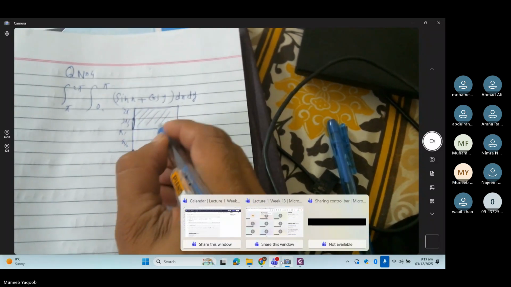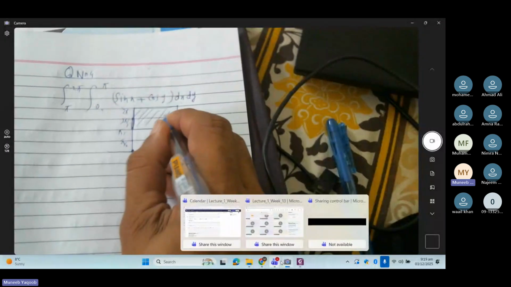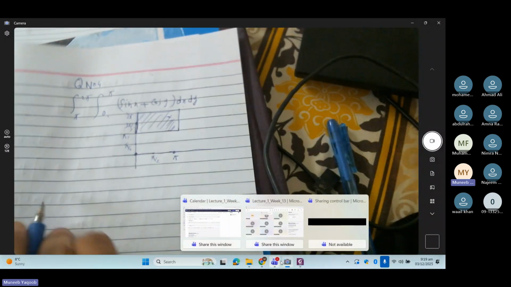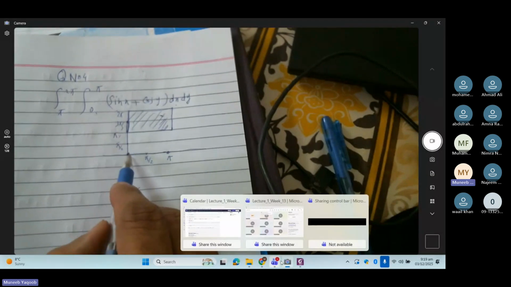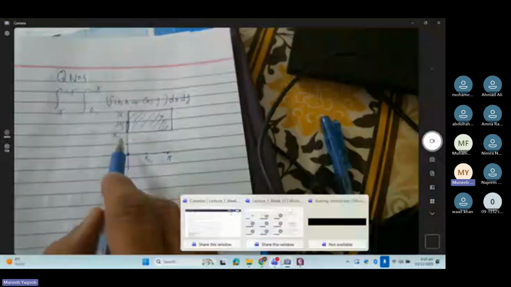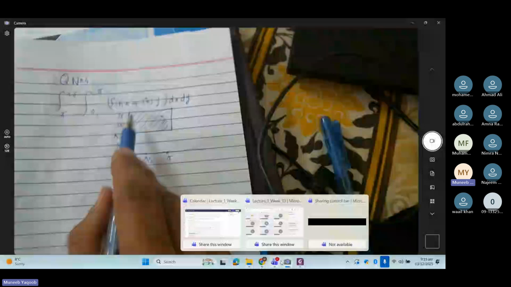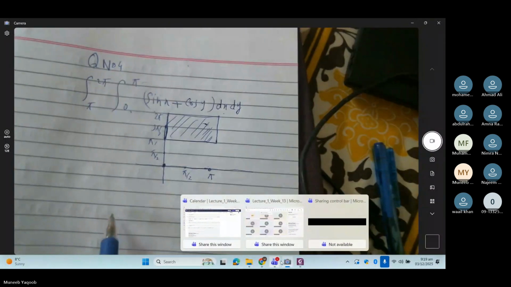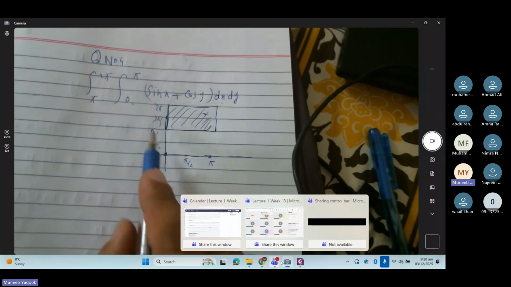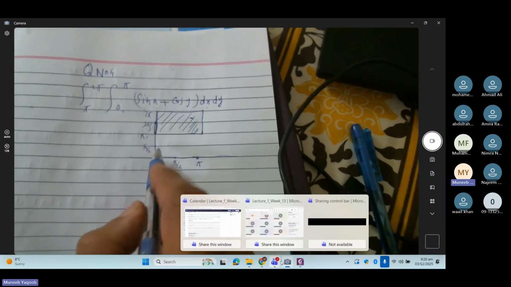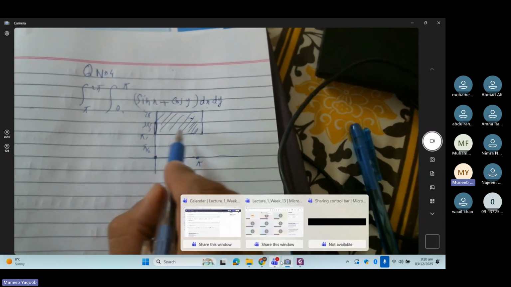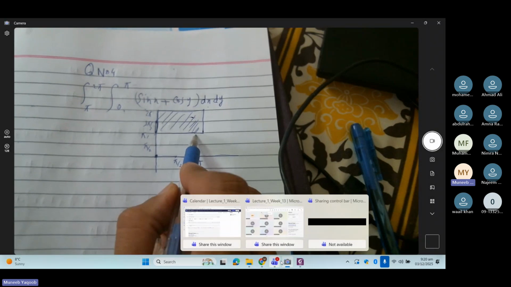Why? Because x should vary from 0 to pi and y should vary from pi to 2 pi. Okay, so this is our region of integration. Y is varying from pi to 2 pi and x is varying from 0 to pi.